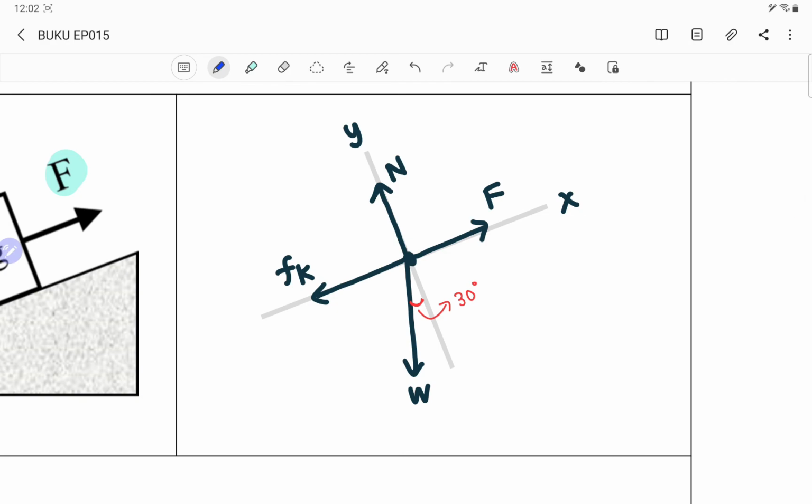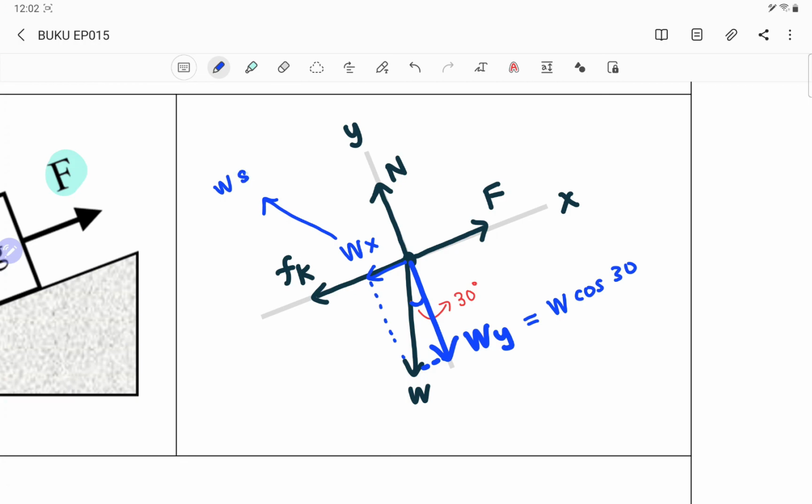Okay, so according to this FBD, we have to resolve W. This one would be Wy and this one is Wx. To get the value of Wy, it will be W cos 30 because the angle is next to the Y axis. For Wx, Wx is W sin 30.